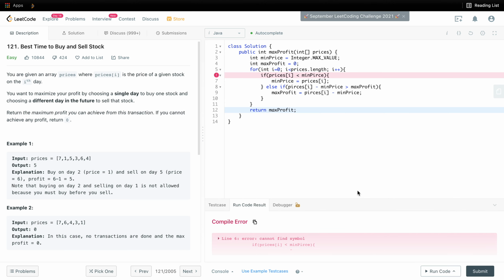And we can try running the code. Cannot find symbol minimum price. I think we have initialized it. It's a typo.